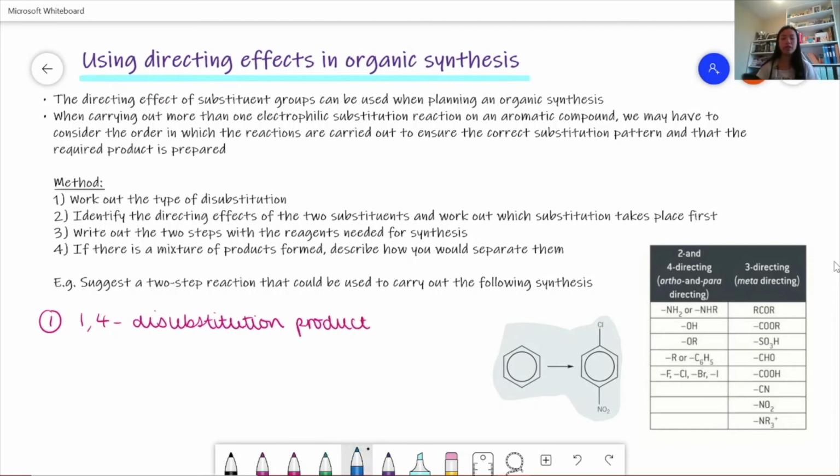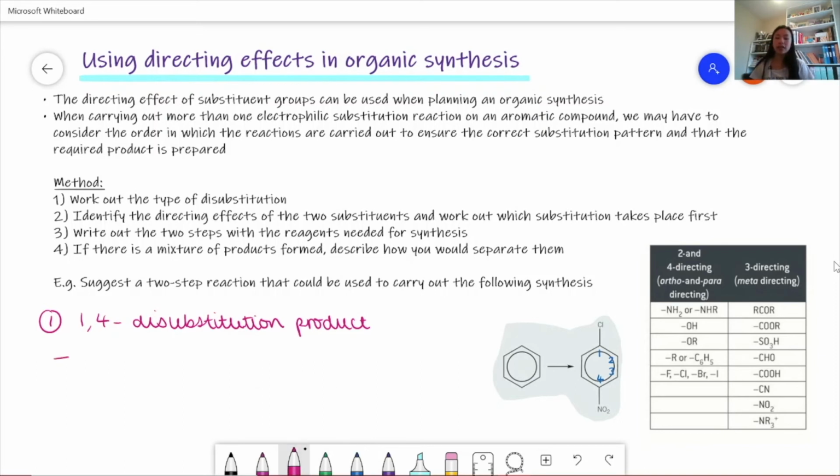Because if we label some of the carbons, we would have to give one of them number 1 because we need the lowest numbers. And so we'd have 1, 2, 3, and 4. And if you labeled it the other way, you'd still have the other substituent on 4.